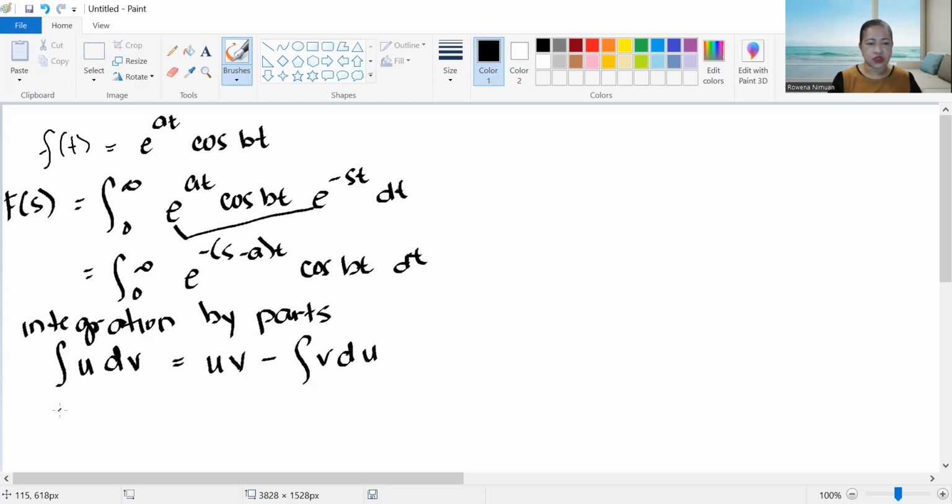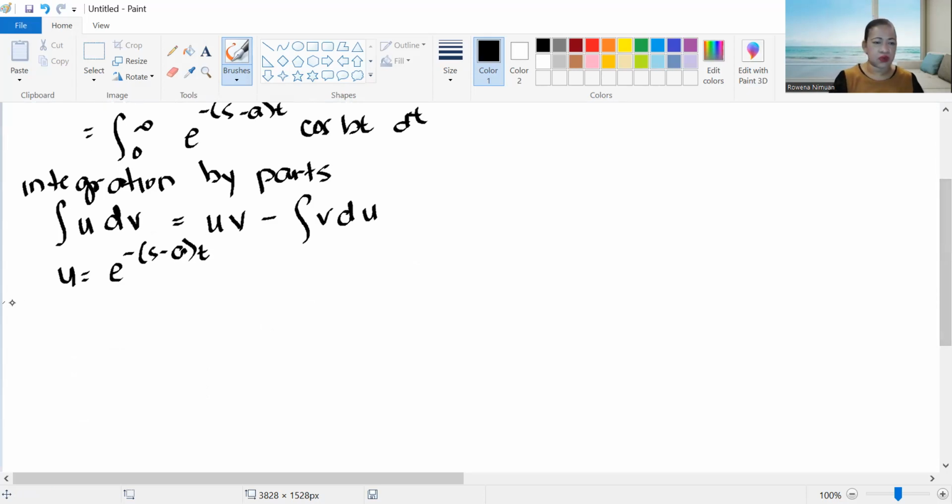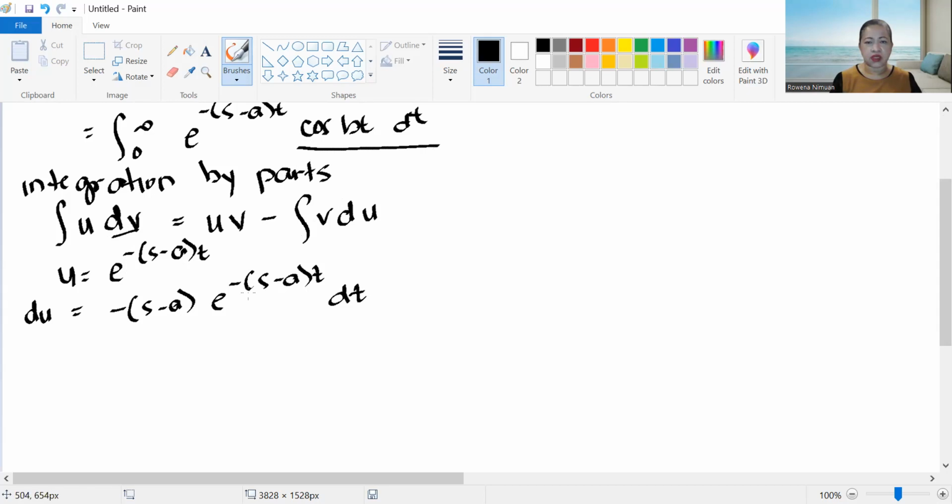If we choose u equal to e to the negative s minus a t, then du is equivalent to negative s minus a times e to the negative s minus a t dt. And dv is equivalent to cosine of bt dt.